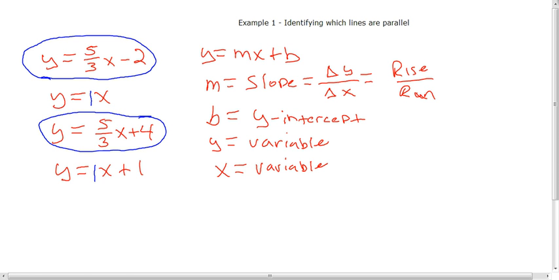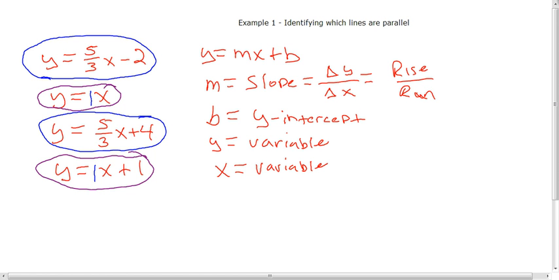These two. Also, we can see y equals 1x and y equals 1x plus 1. Just looking directly at the equations, nothing more, we could see that these two have the same slope. So if they have the same slope, they are parallel.